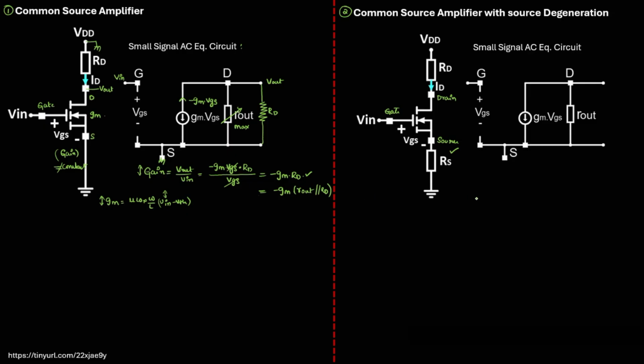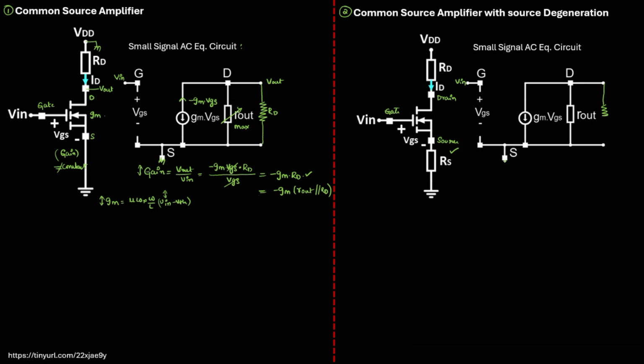Right? So now for the calculation of the gain, let me draw the small signal AC equivalent circuit once again, where V input is applied over here. The drain is connected with the load as in the first case. But the problem is, in the first case the source was grounded, so RD was connected to the source.